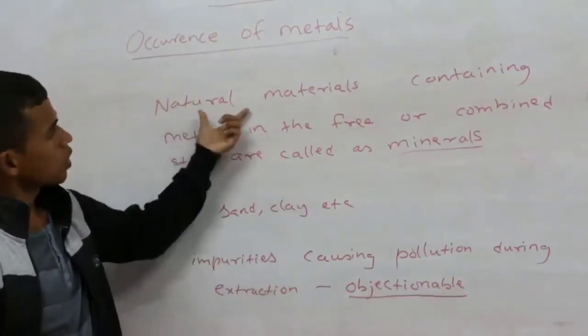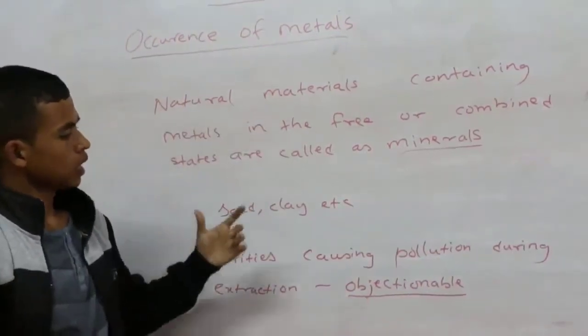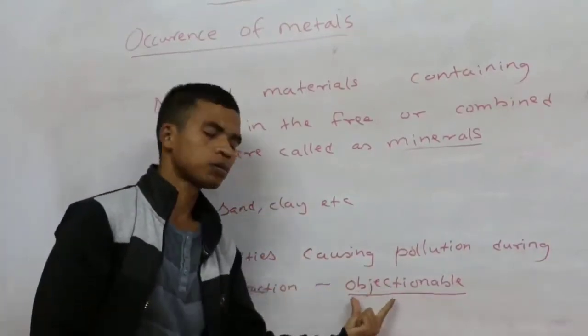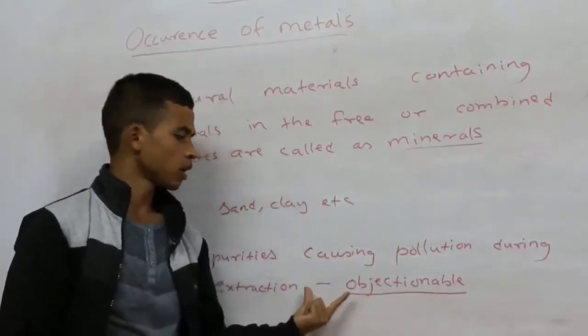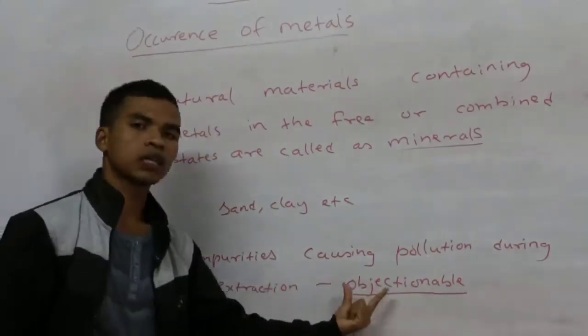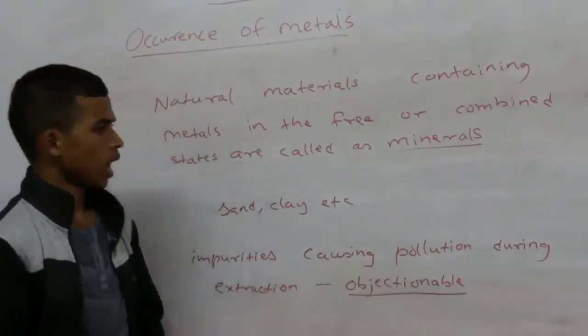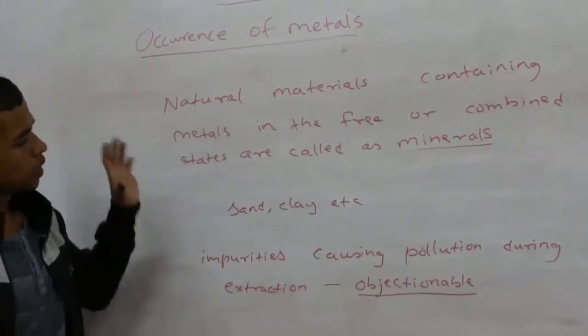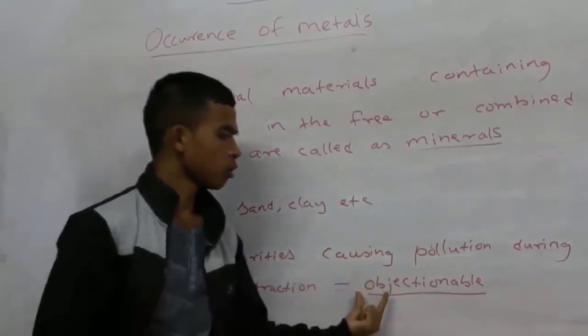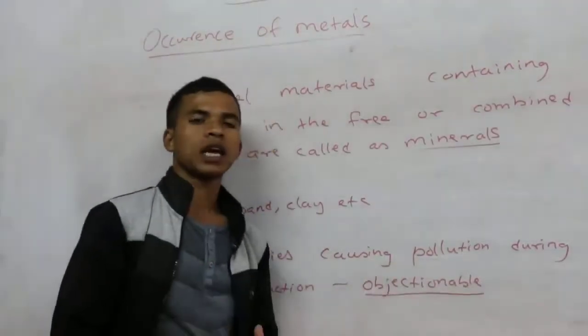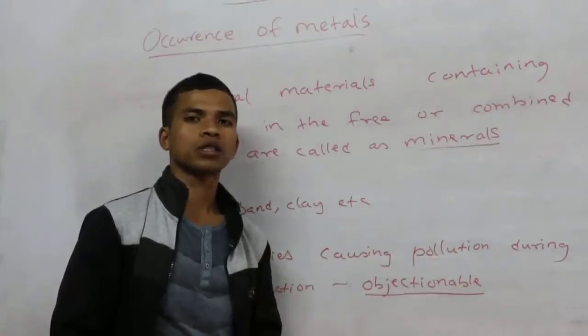So the natural materials, which are minerals, may contain these objectionable impurities or they may not. And those minerals which do not contain the objectionable impurities are called ores.